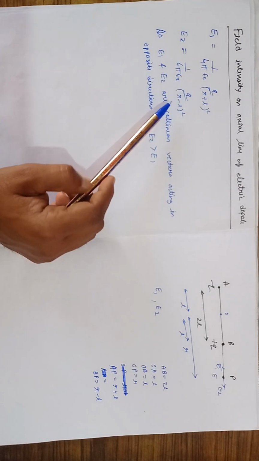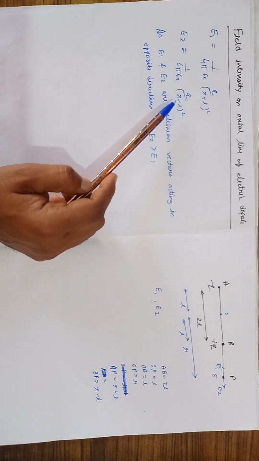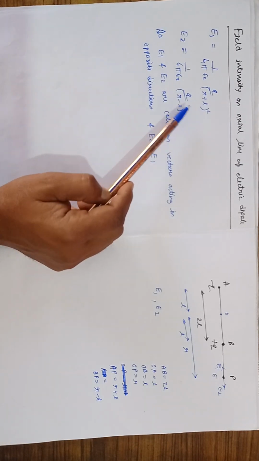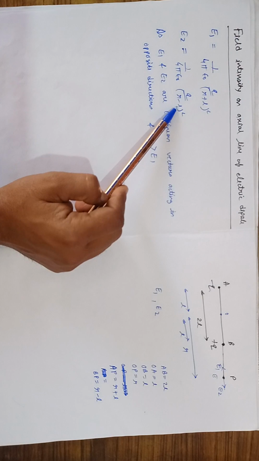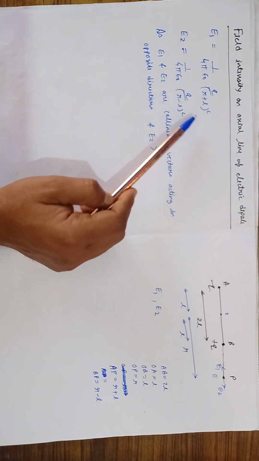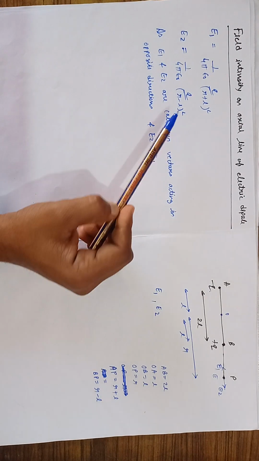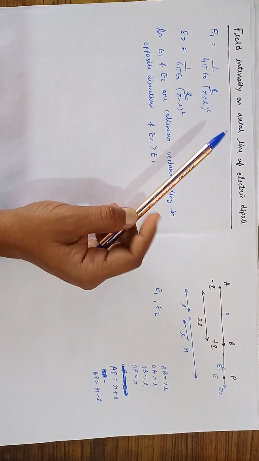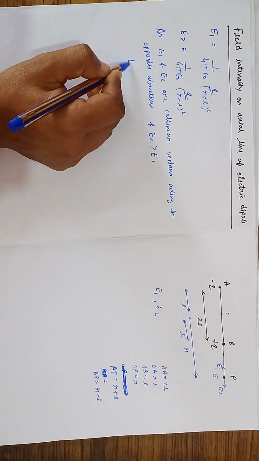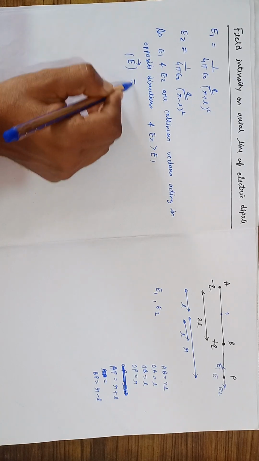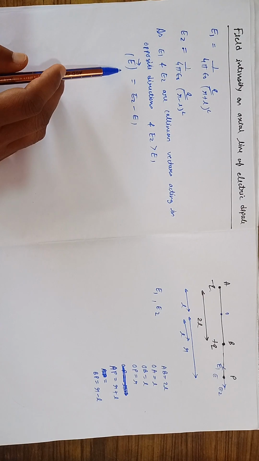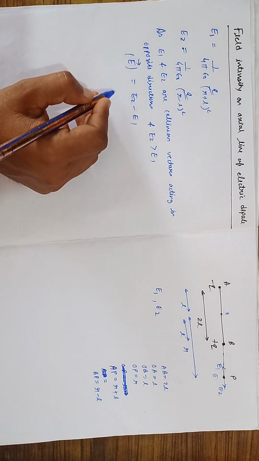Because its denominator is less than the denominator of E1, and the term whose denominator is smaller will become larger. So E will become E2 minus E1. The net resultant field intensity will become E2 minus E1.